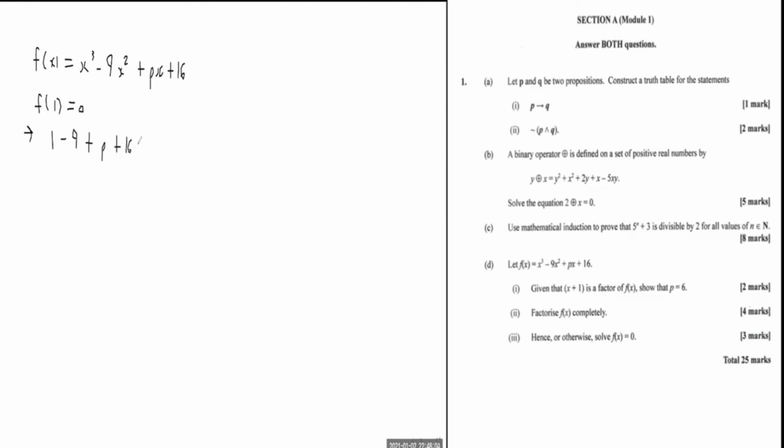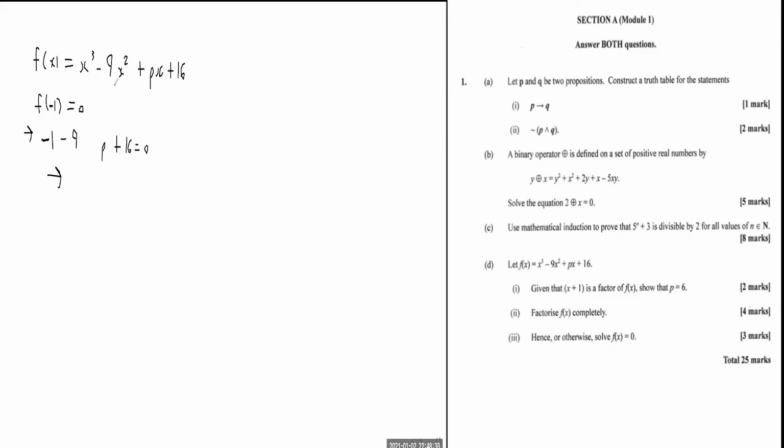But this should be minus 1, this should be minus 9, this should be minus p.